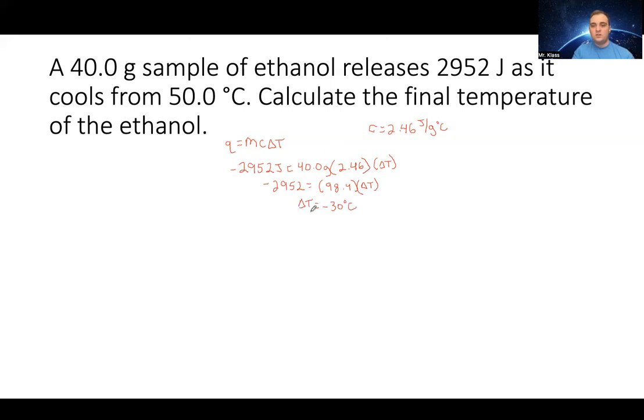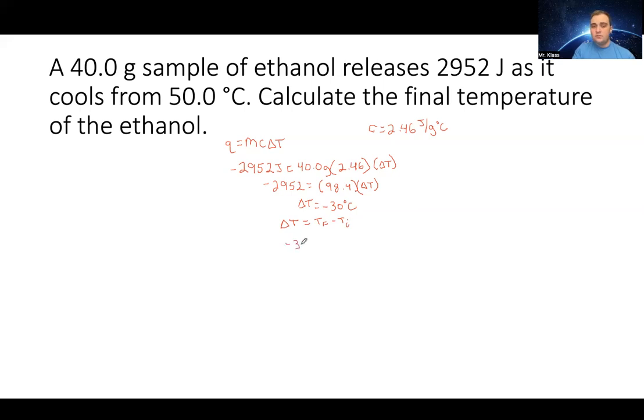And we know that's the case because our delta T is going to be negative if we're releasing energy. So our final temperature is going to be lower than our initial temperature. Okay, now we know that delta T is equal to T final minus T initial. Now this is super important because we just solved for delta T, but the question is actually asking for the final temperature of the ethanol.